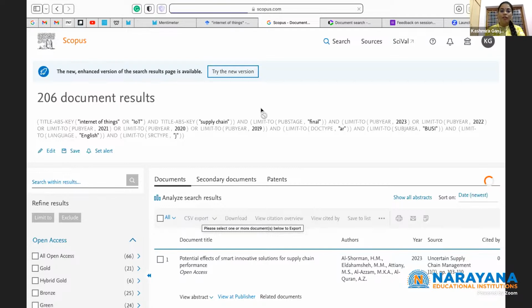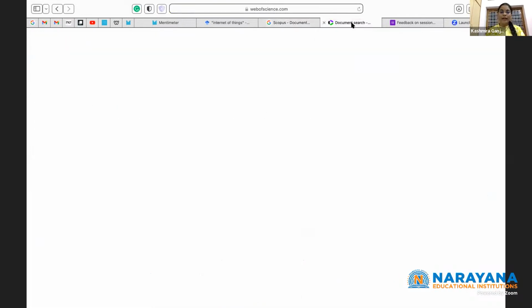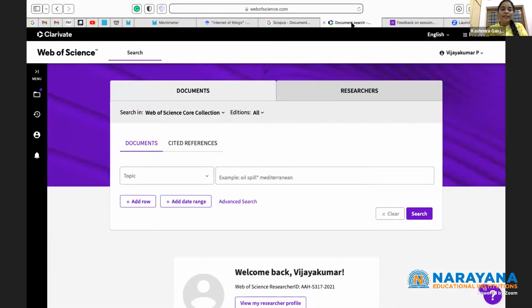And there is also one more database, which is called Web of Science. You can log in using webofscience.com or Web of Knowledge. This is different from Scopus. Web of Science is not as rigorous as Scopus.